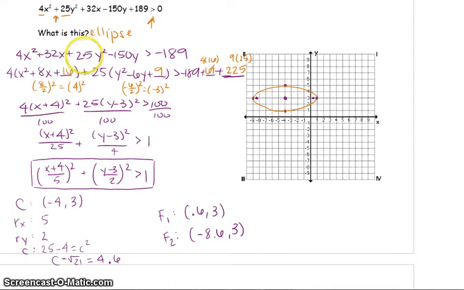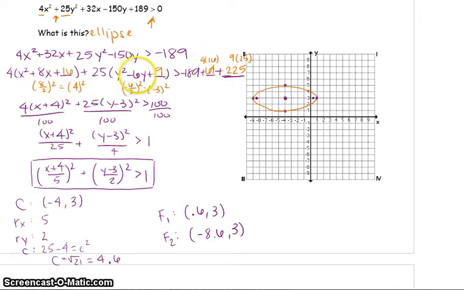You need to get all your x's together, and then get your y's together, and get everything else, the 180, on the other side. You need to complete the square, so you're taking your b value, dividing it by 2, and squaring it to get 16, but on the other side you're doing 4 times 16, so you're writing 64.